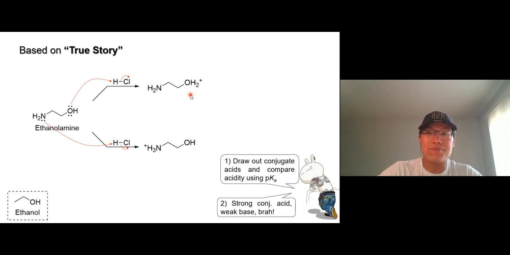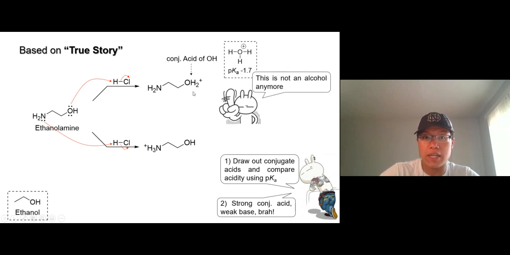So who is more acidic? This is the protonated alcohol, not an alcohol anymore. This is a hydronium-like ion with a pKa of about negative 1.7, not 16. The alcohol itself is 16, but its conjugate acid is about negative 1.7. Now compare that to the conjugate acid of an amino group, the ammonium ion.